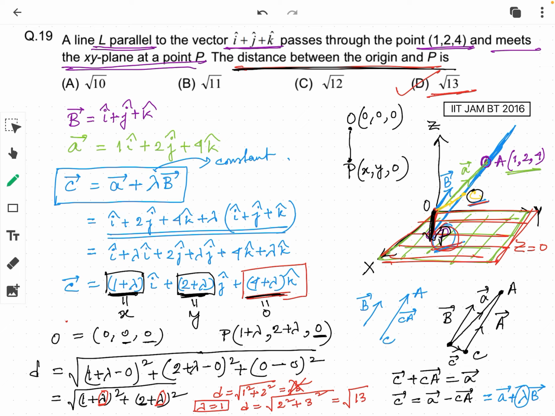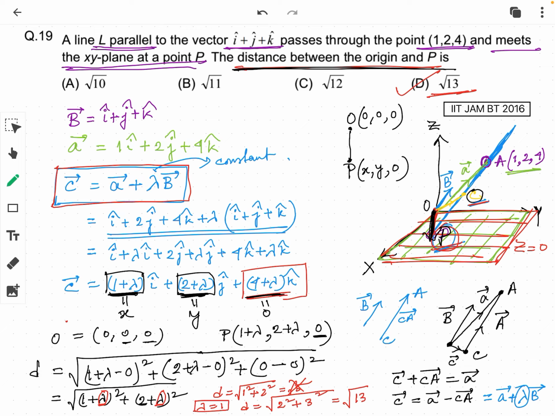Now you should remember one thing: I have done a lot of things here, but you don't need to do all these, you just need to remember this formula, that is C vector equals A vector plus lambda B vector, where lambda is just a constant multiple. Not only an integral multiple, it can be a fraction or an integral multiple of B vector, because we have two parallel lines.